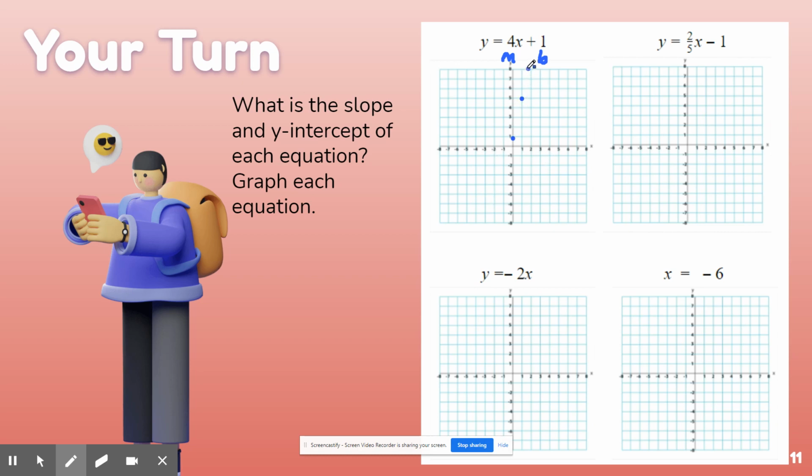I'm going to try to graph it, but it's going to be tough to draw a straight line without a ruler. This would be -1, up 2 over 5. You would graph it as well. Notice I can't draw a straight line with the mouse. I'm sorry. The b for this one would be 0. -2 touches, go down 2 over 1. X equals -6. We go to -6. That's right here. And then it's just a straight line up and down.